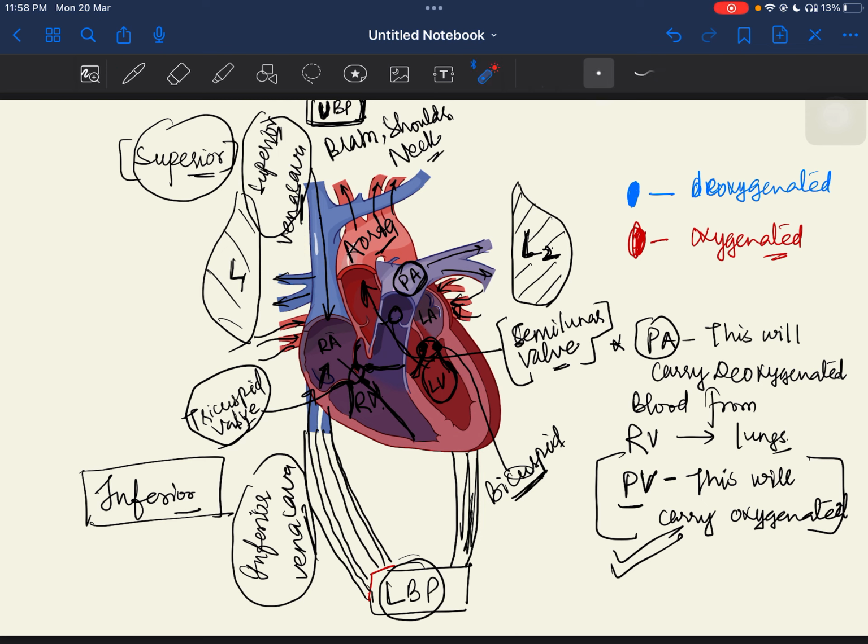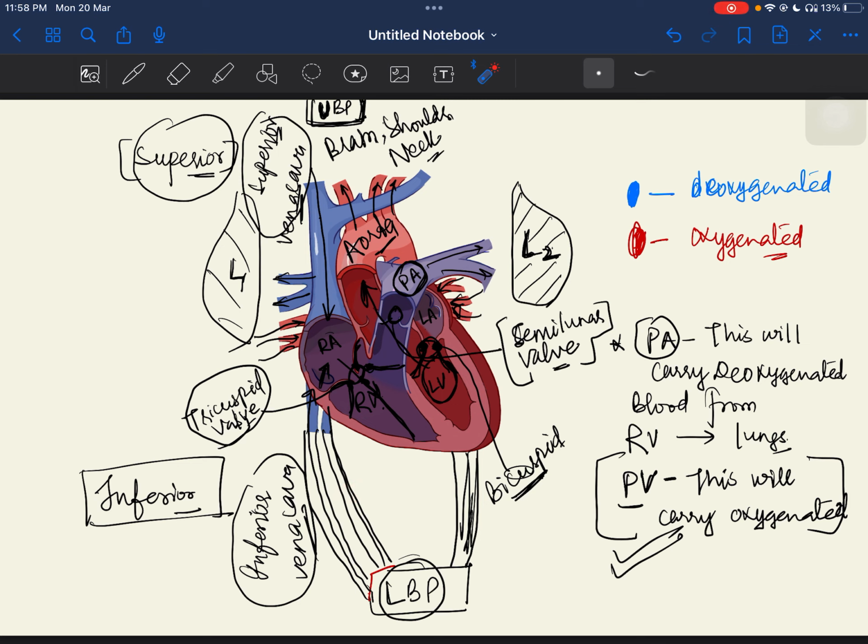So let's summarize this in short. From the lower body parts, the blood will go to the right atrium through the inferior vena cava. Now you will have a question: how is the blood pumped to the right atrium?